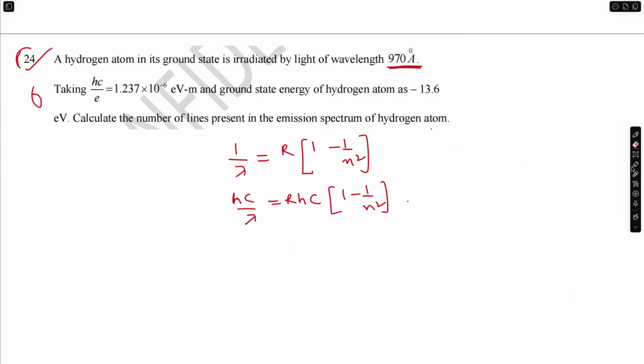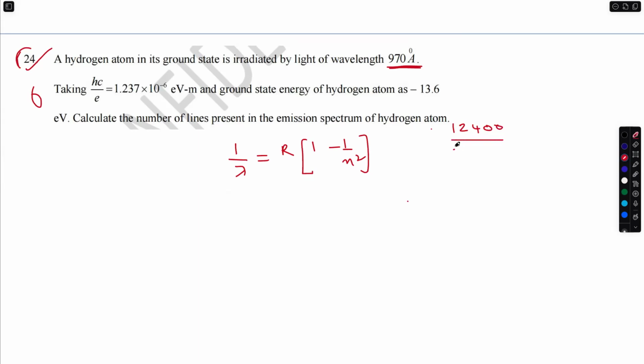Earlier I used to give you one relation. What is hc in electron volt angstroms? 1240 by 970. Can you please tell me how much this is?